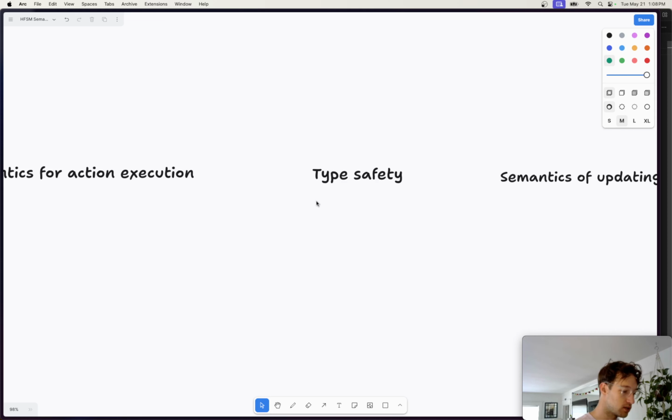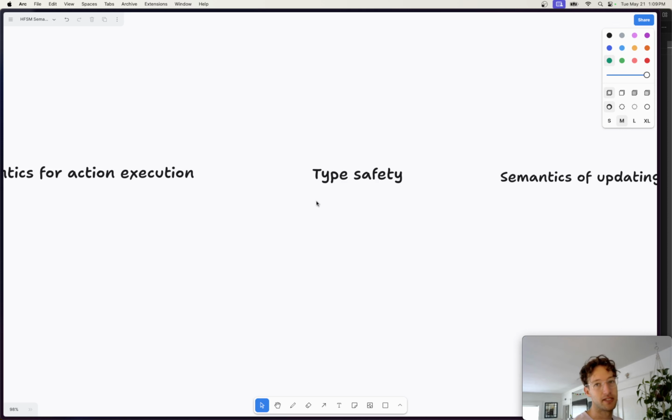I'm particularly talking about when you're using StateML in JavaScript or, specifically, TypeScript with some kind of build tool. We could have really good type safety, and I'll show you how that works.